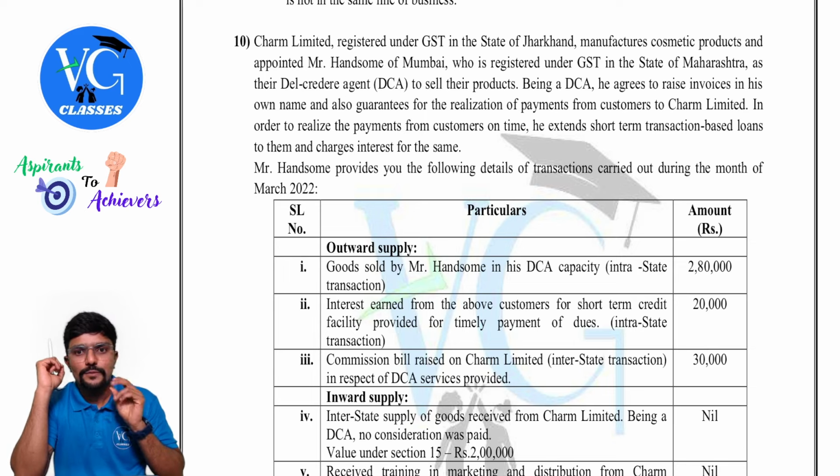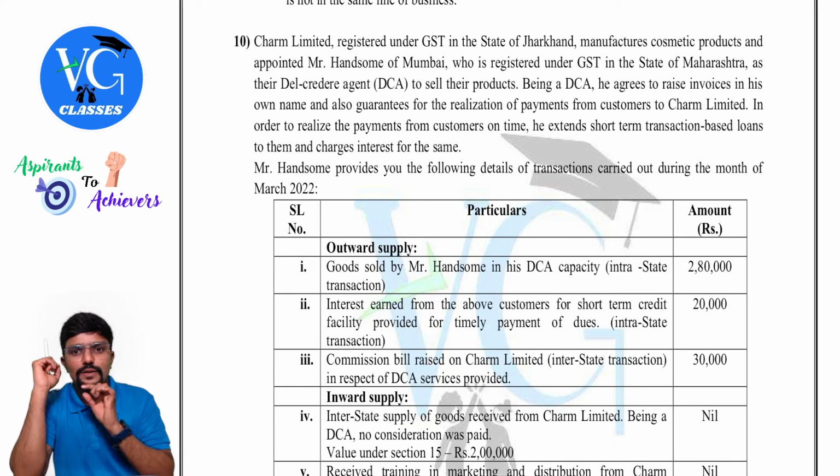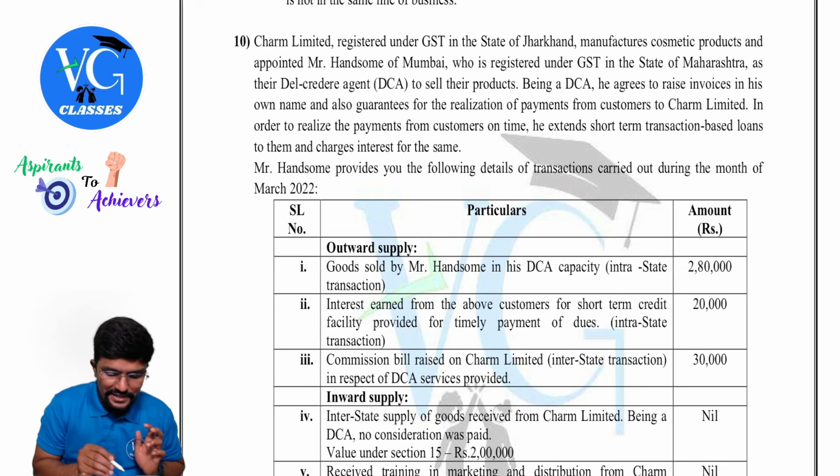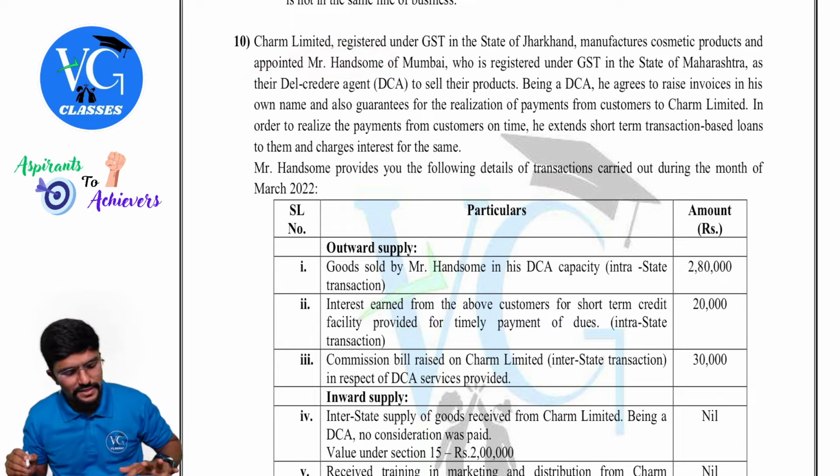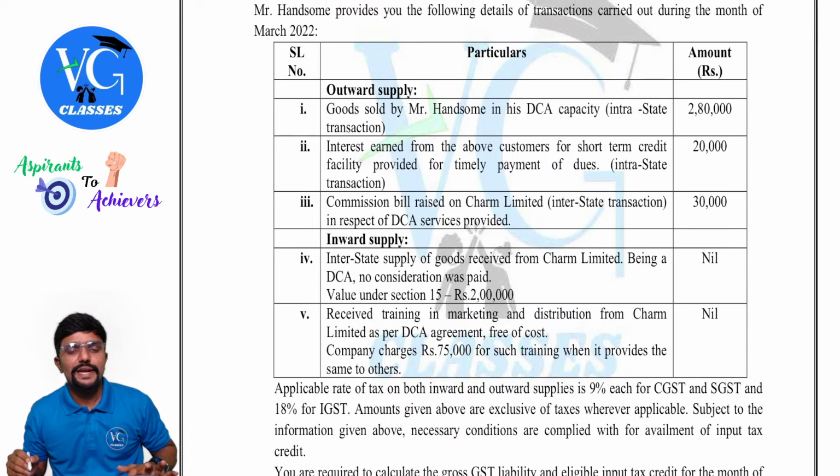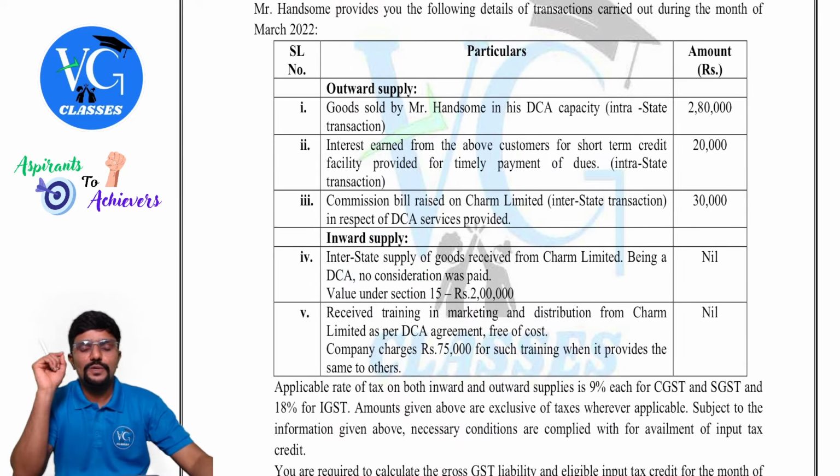Okay, so please be careful, guys. Mr. Ansem is a Del Credere agent. So the data is for March 2022. Outward supply, goods sold by Mr. Ansem in his DCA capacity, intrastate, 2,80,000.